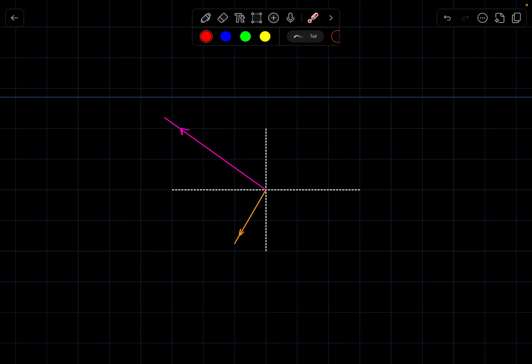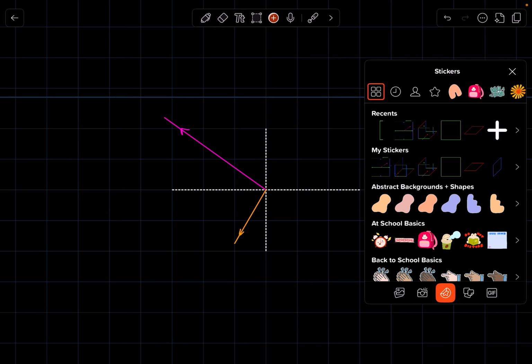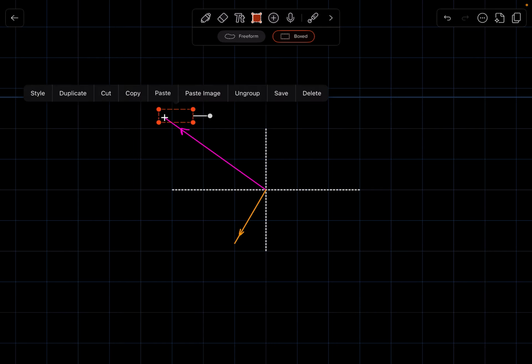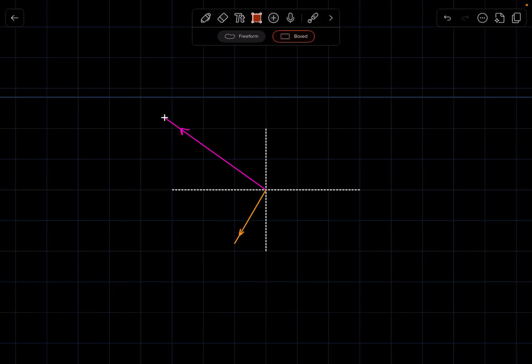So the way you use the parallelogram is by completing a parallelogram. To complete it, you draw a small Cartesian plane there, so that you are able to draw this vector at that point.